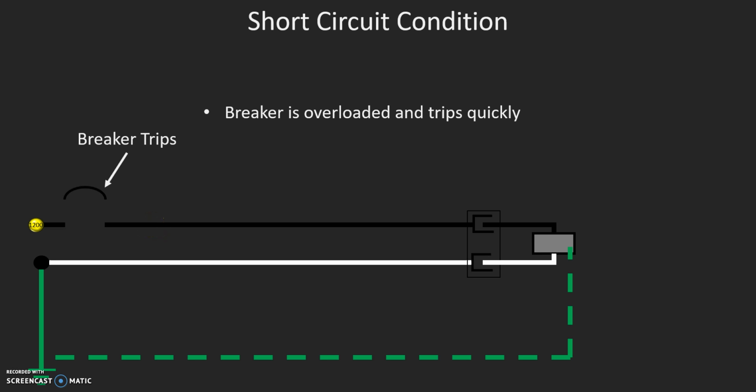But the higher you get over that amperage rating, the faster that thing's going to trip. So in this case, on a short circuit, very low resistance short, there's very little resistance to current flow. A lot of current's going to flow. In that case, more amperage flows through the breaker, and it's going to trip faster. Okay, so that's why it's so important to have such a good ground fault return path.